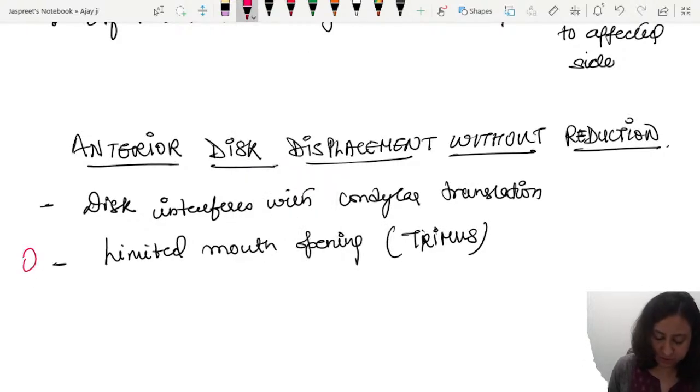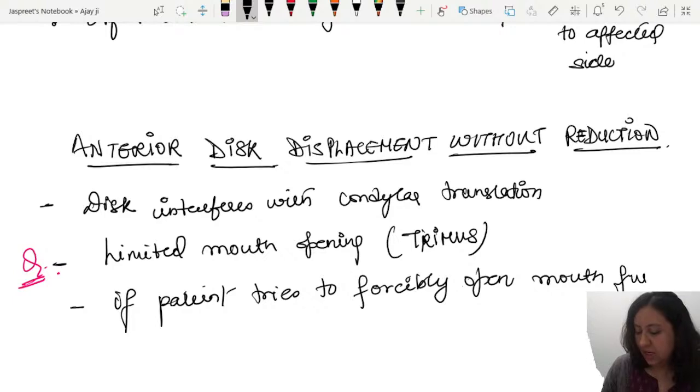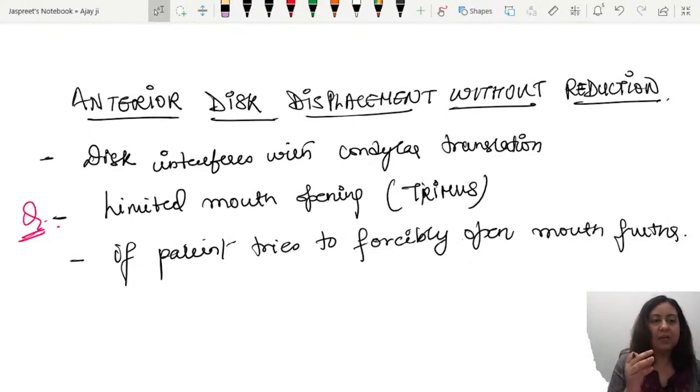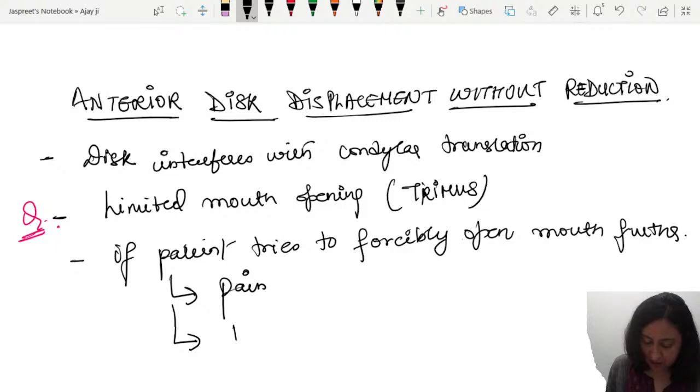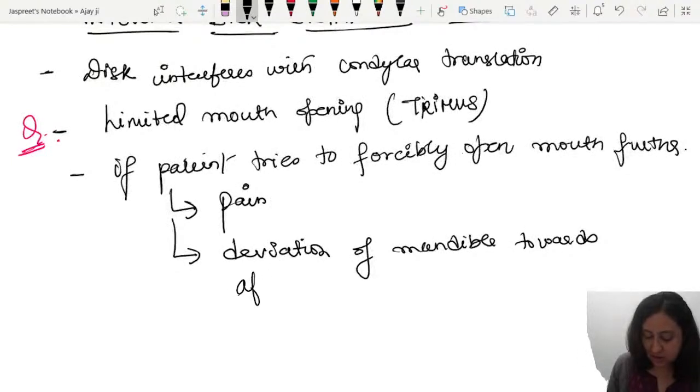Now this is a question. If the patient tries to forcibly open the mouth further, that is, beyond the point where mouth opening is limited, what will happen to them? Pain. There will be pain and there will be deviation of the mandible towards the affected side, that is, the side of the affected joint.